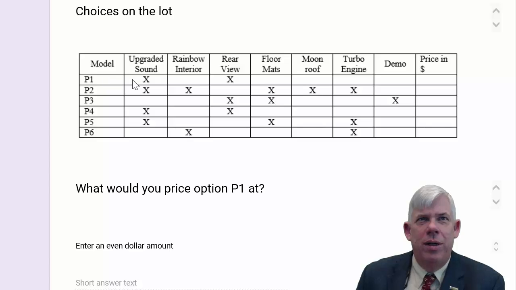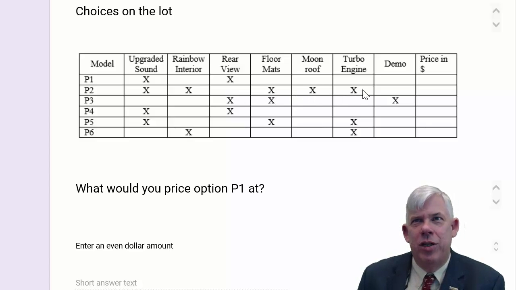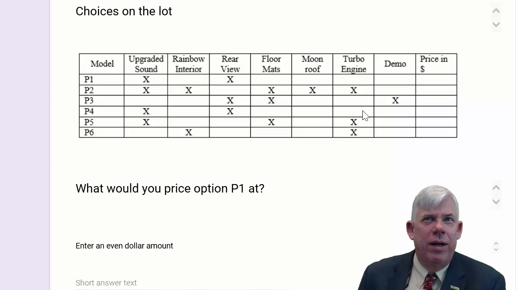So the first one has upgraded sound and a rear view camera. The second one, upgraded sound, a rainbow interior, no rear view camera. It has floor mats, a moonroof, a turbo engine. It's not a demonstrator. The next one has a rear view camera, floor mats. It is a demonstrator.